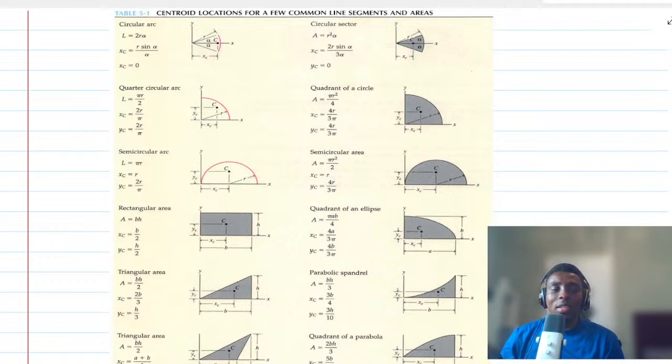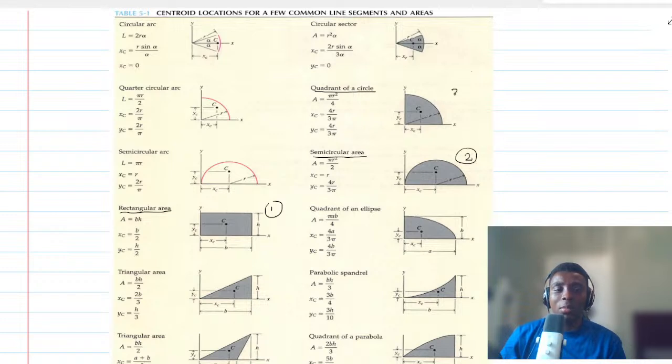All right. So you can see that, what they are centroid, but I want you to pay attention to four things. First of all, if you look at the rectangular area, this is number one, and then the semicircular area, that is number two, and then the quadrant.